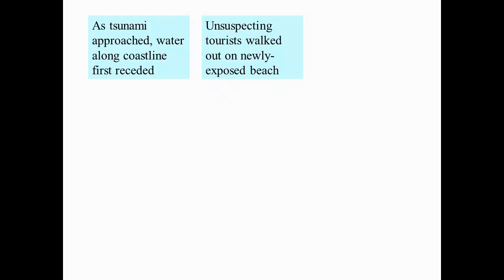Now, as the tsunami approached the coastline, the water along the coastline first receded, and the unsuspecting tourists began to walk out on the newly exposed beach going, wow, this is pretty cool.